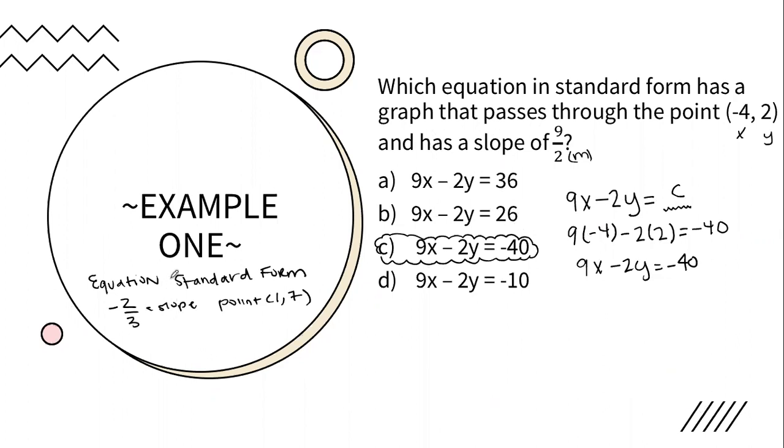So I'm looking for an equation in standard form that has a slope of -2/3 and a point at (1, 7). So based on what I just told you over here, I know my A is going to be 2 and my B is going to be 3.